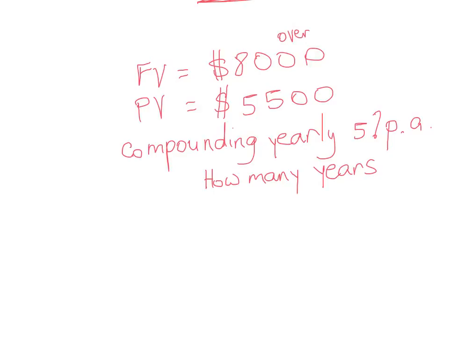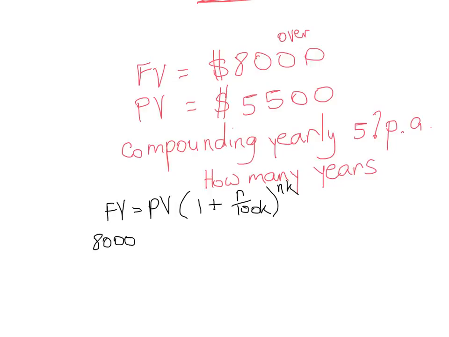How many years did that take to happen? So we can get this all in an equation, the same equation we were using before. So I'll get that down. FV equals PV times 1 plus R over 100K to the NK. Okay, so our future value, what we end up with, is $8,000.